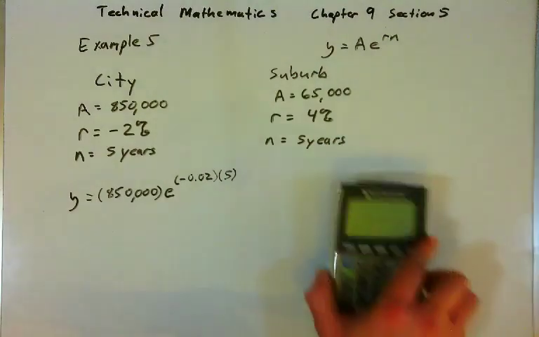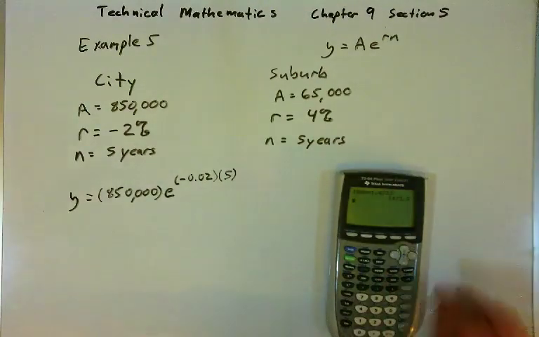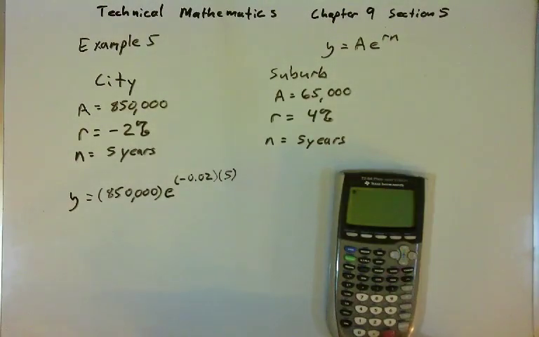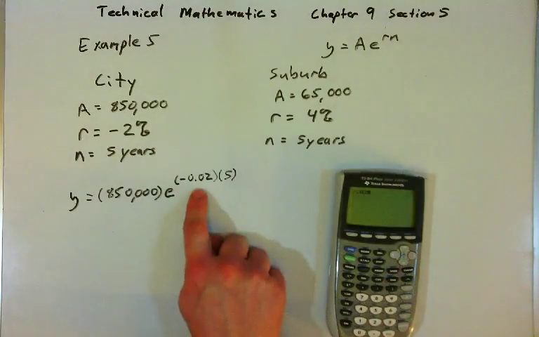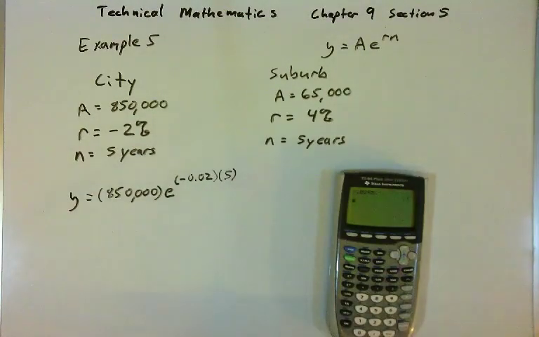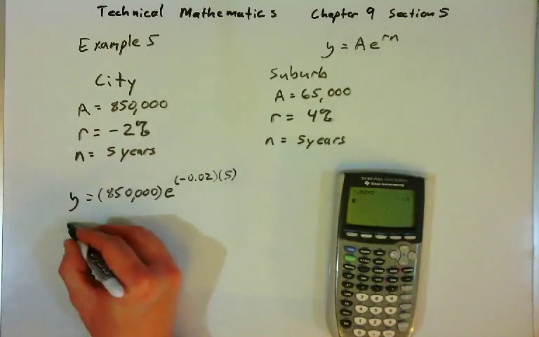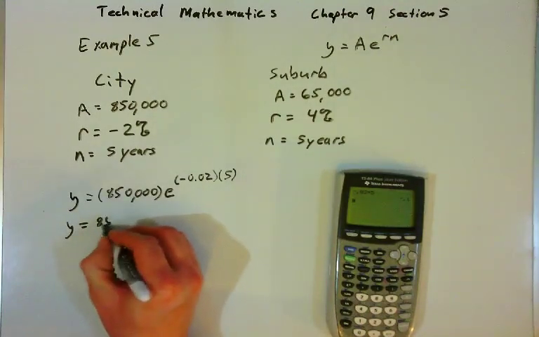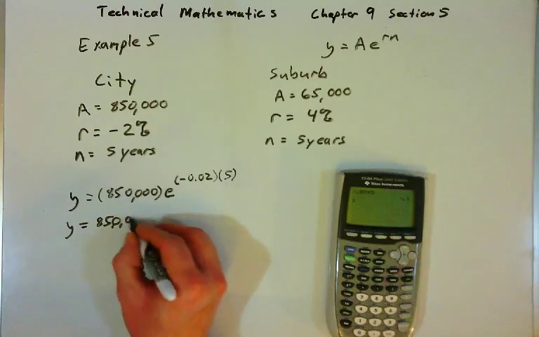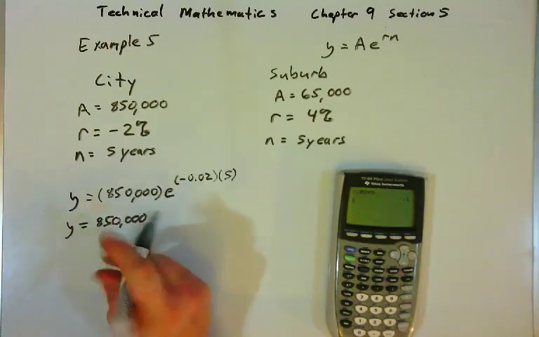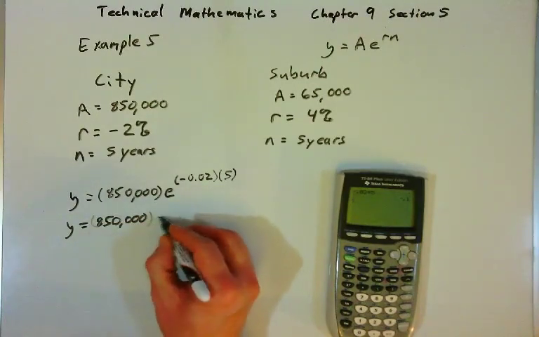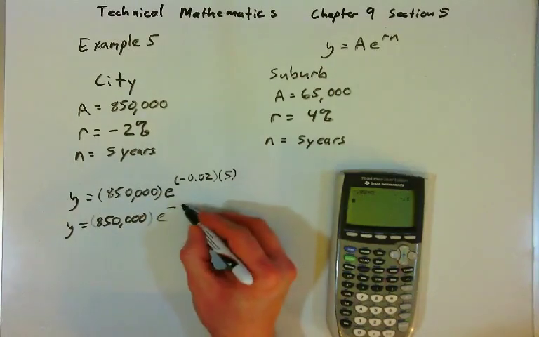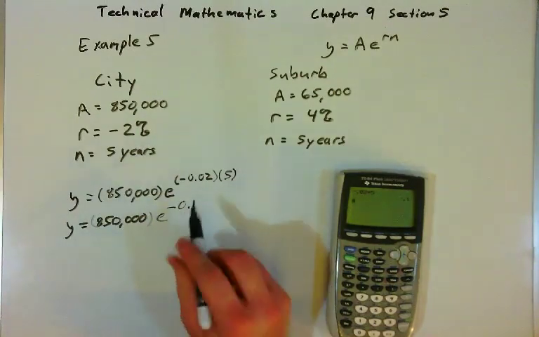And so, again, I would work out the exponent first. If you want to be very careful, work out the exponent first. Negative 0.02 times 5 is negative 0.1, so y equals 850,000 times e to the negative 0.1 power.